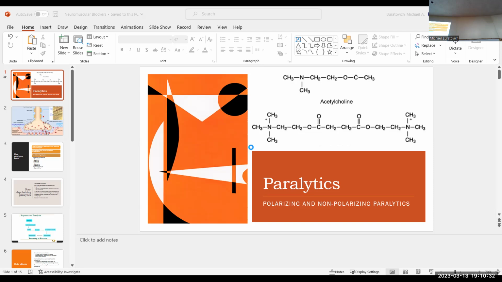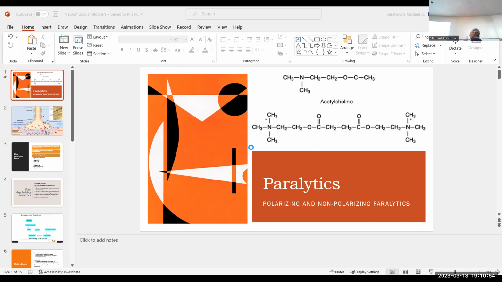It's not uncommon in surgery to start with a non-depolarizing paralytic and then transition to succinylcholine, because succinylcholine takes longer to work. Succinylcholine, however, does a pretty good job in recovery.